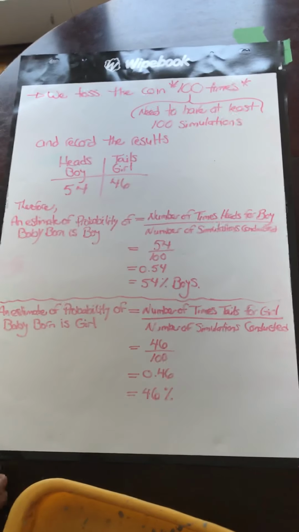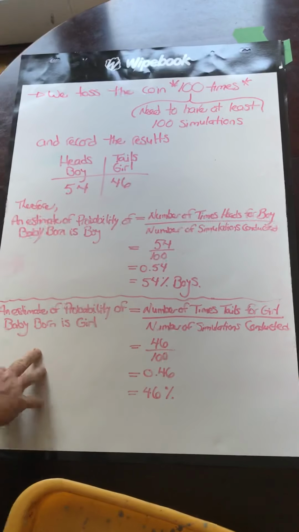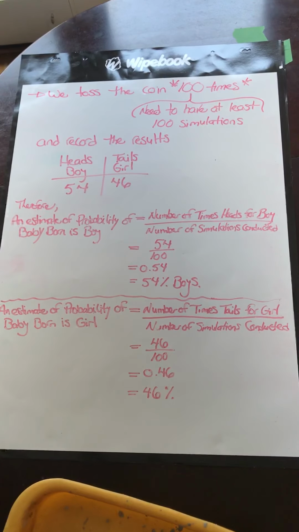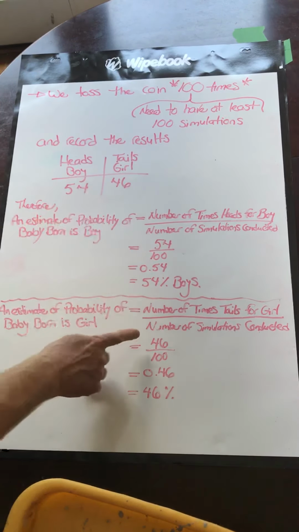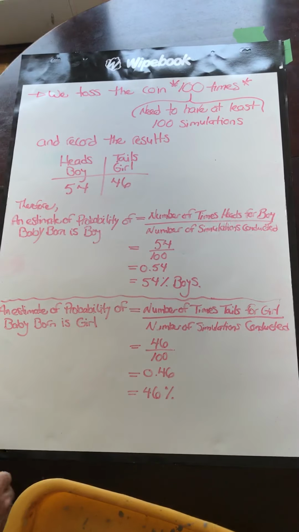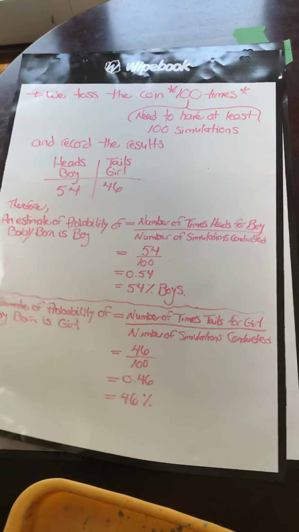Again, this is an estimate. An estimate of the probability of a baby born is a girl is the number of times tails for a girl appeared, 46 times, divided by the number of simulations conducted, 100. We get 0.46 or 46% estimate that there would be girls.